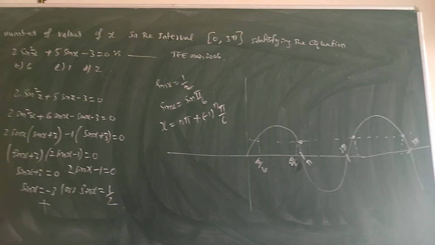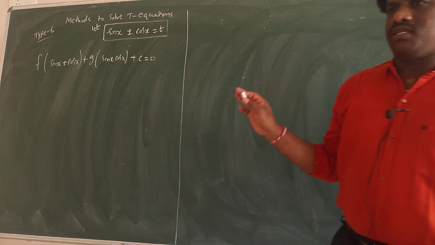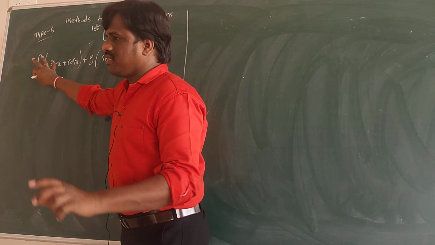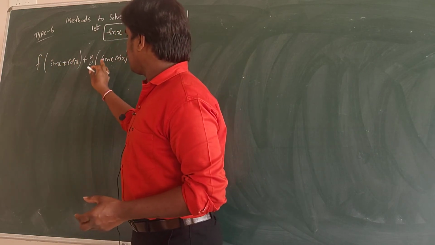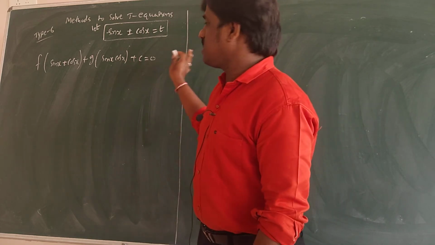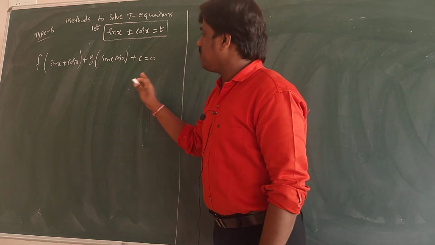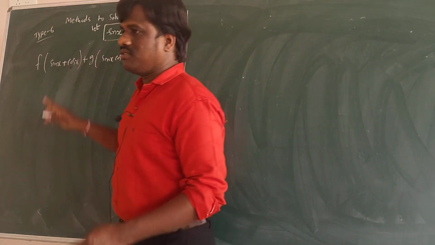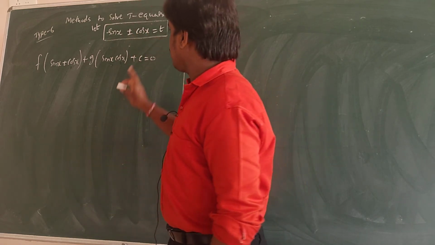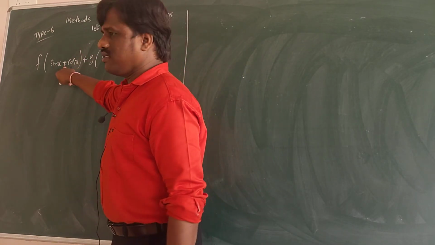Understood? See this method: whenever you see in the question sin x plus cos x, some function of sin x plus cos x, and something of sin x into cos x, plus c is equal to 0, in such situations, whenever you have sin cos in both sum and product combination, it can also be minus.